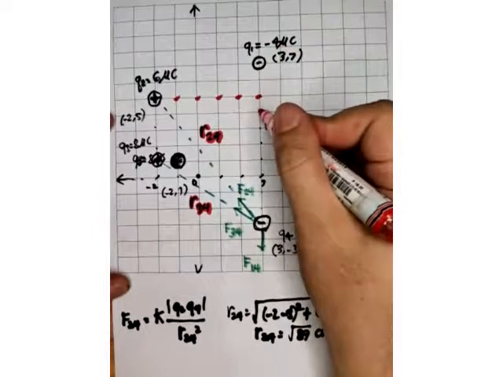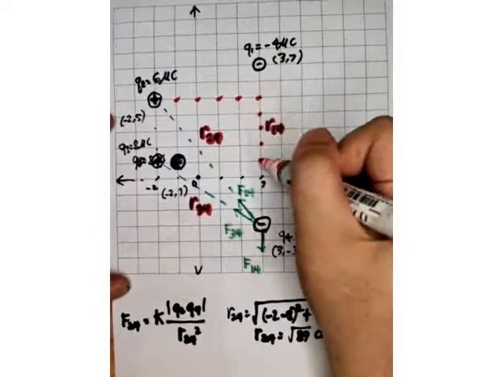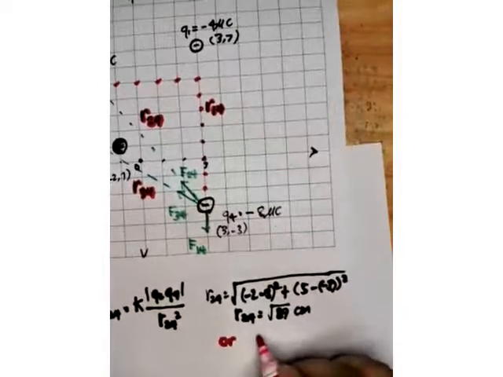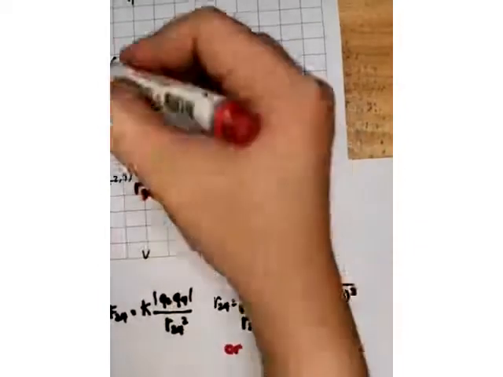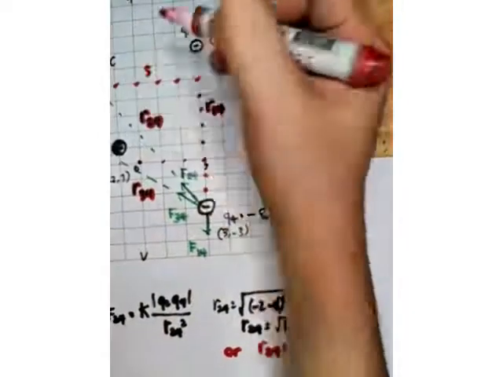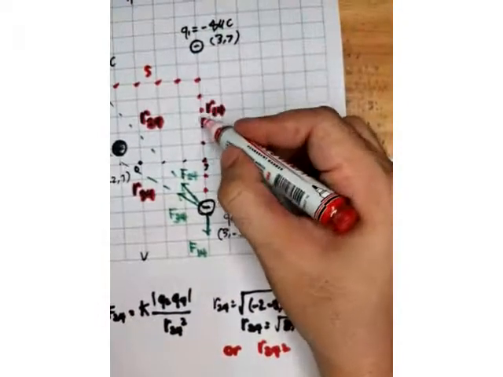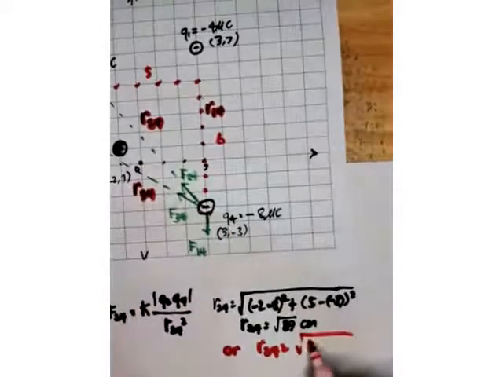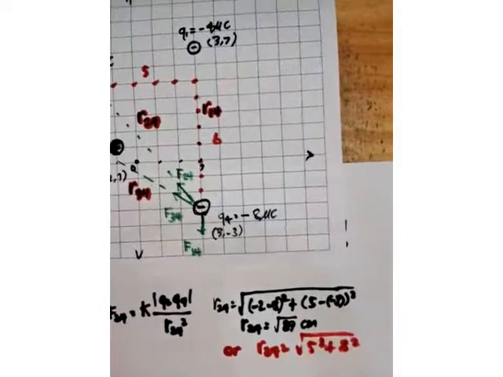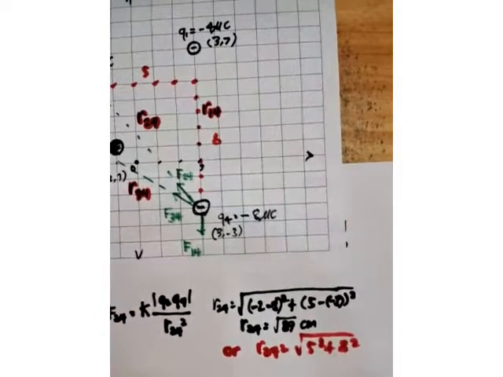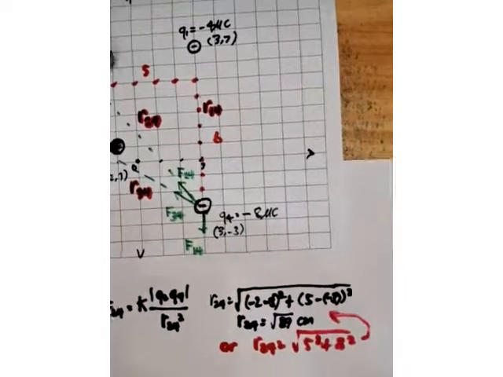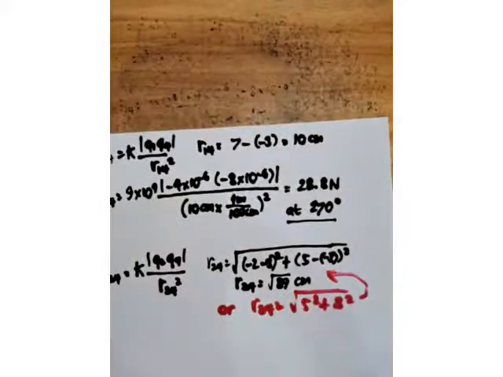And then, yung vertical niya. 1, 2, 3, 4, 5, 6, 7, 8. Okay, or, R24 is equal to, ilan to? 5 ito. Ito naman, 8. So that's the square root of 5 squared plus 8 squared. Okay? Okay, so let's continue.